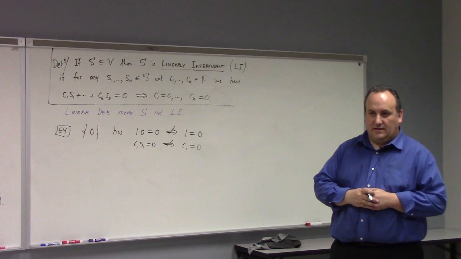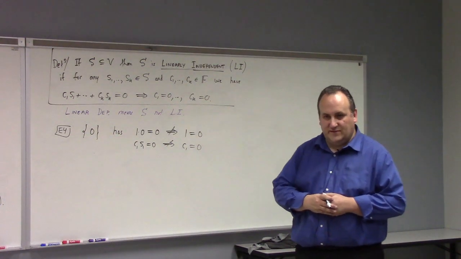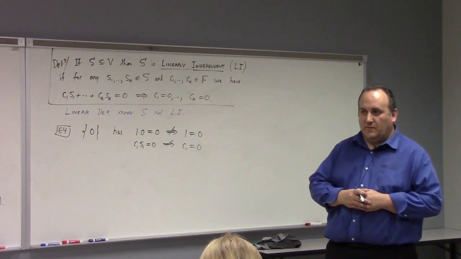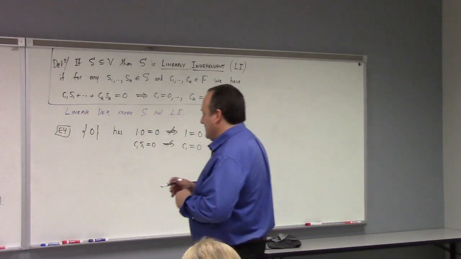So it doesn't matter if it contains just the 0. If 0 is part of it, game over, right? Any set containing the 0 vector is linearly dependent.